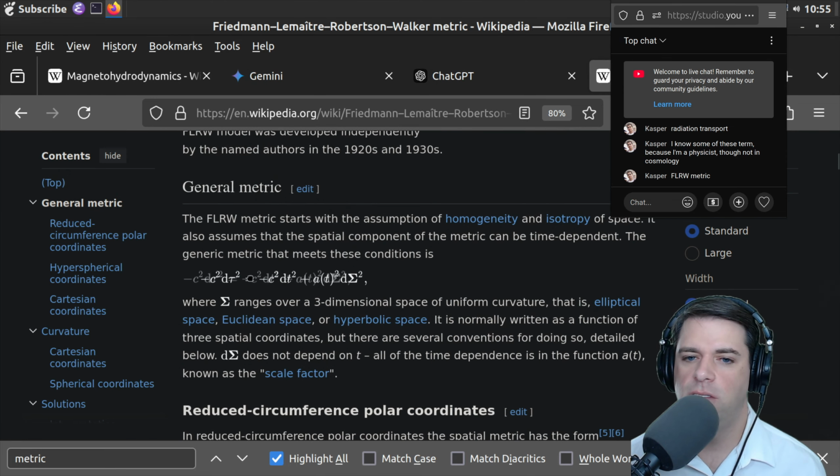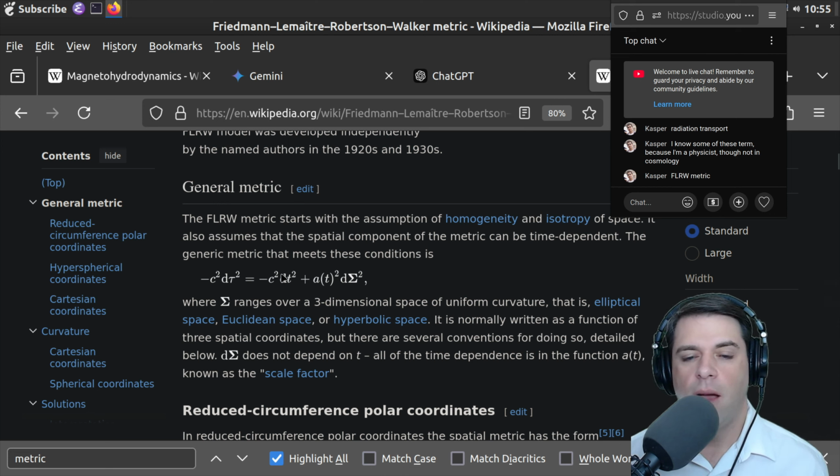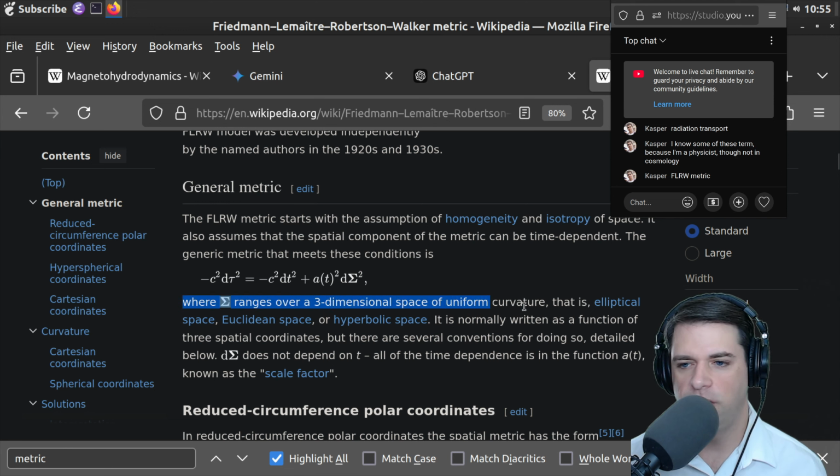So I don't know what tau is, but I think negative c squared dt squared is the negative part of the metric. I'm not sure what c is. And then we have this a of t squared. And then we've got d of big sigma squared, and sigma is going to range over the three-dimensional space of uniform curvature.